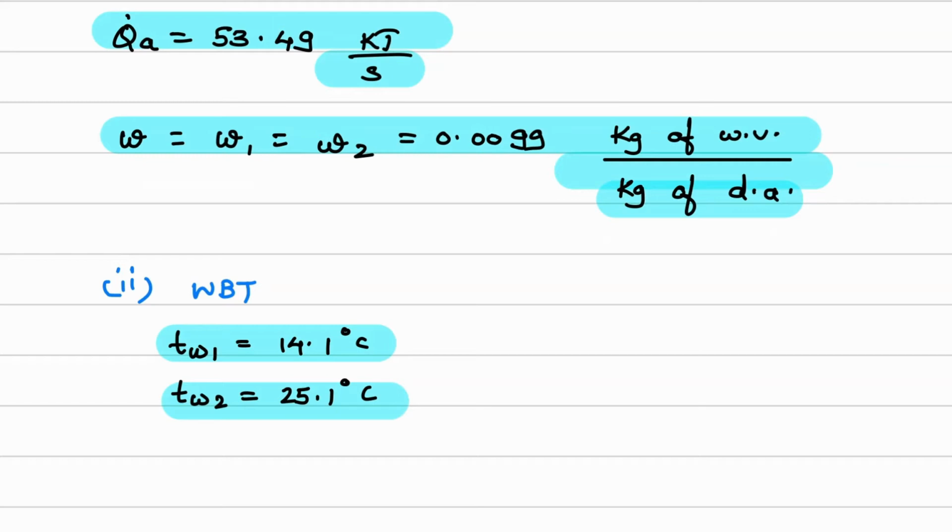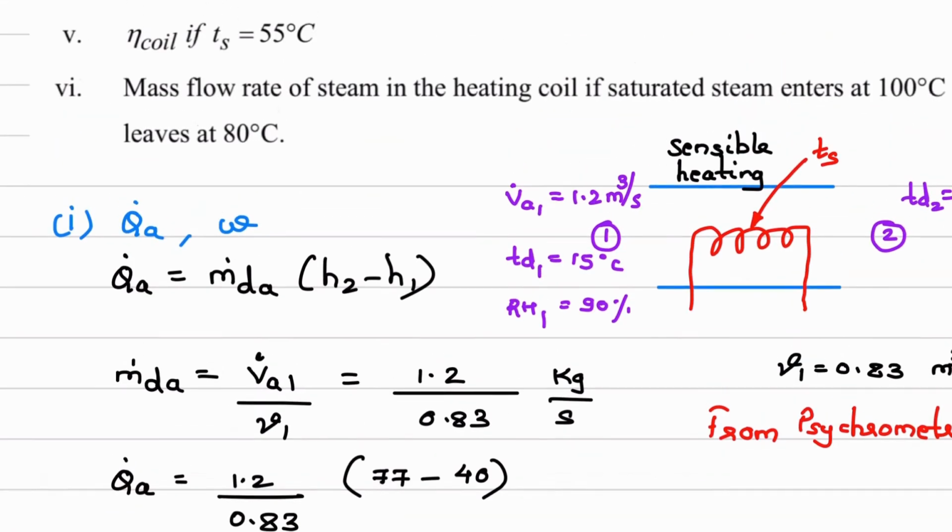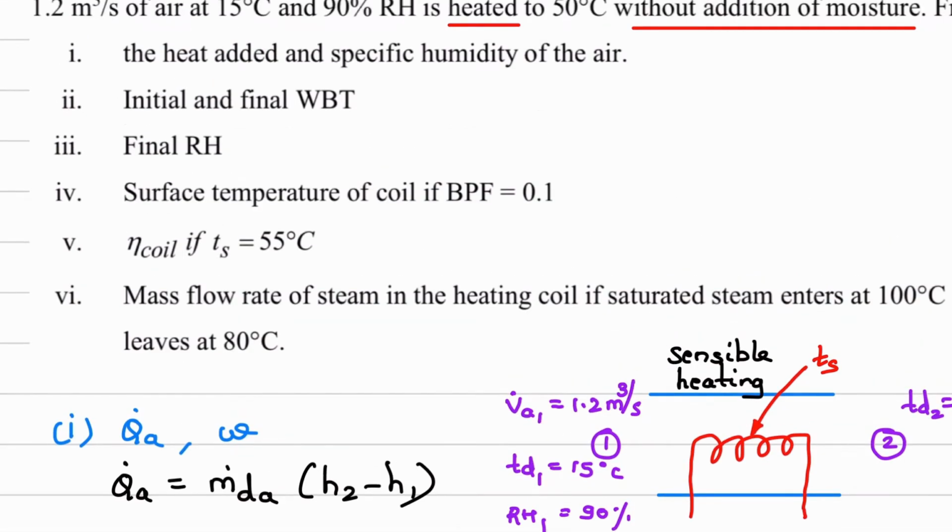Okay, now definitely there will be some variation here, which is acceptable. When you read the answers, there will be some variation. Next question, final RH. Okay, final means point 2, we have to calculate or read RH2.